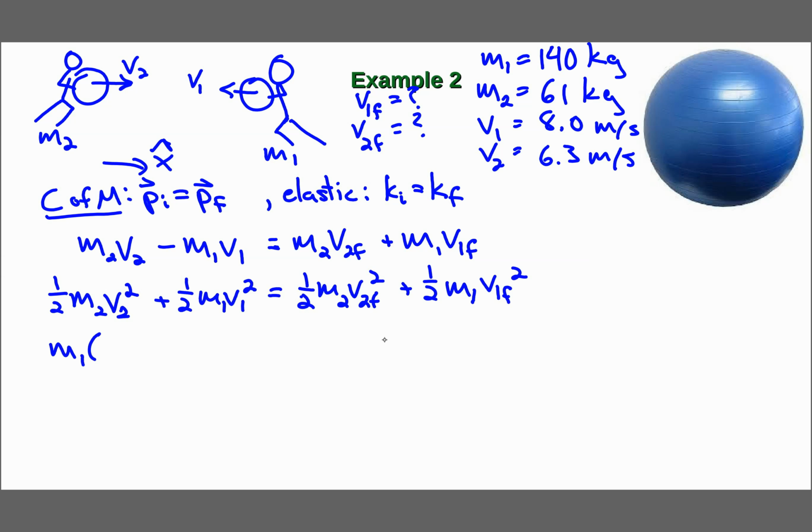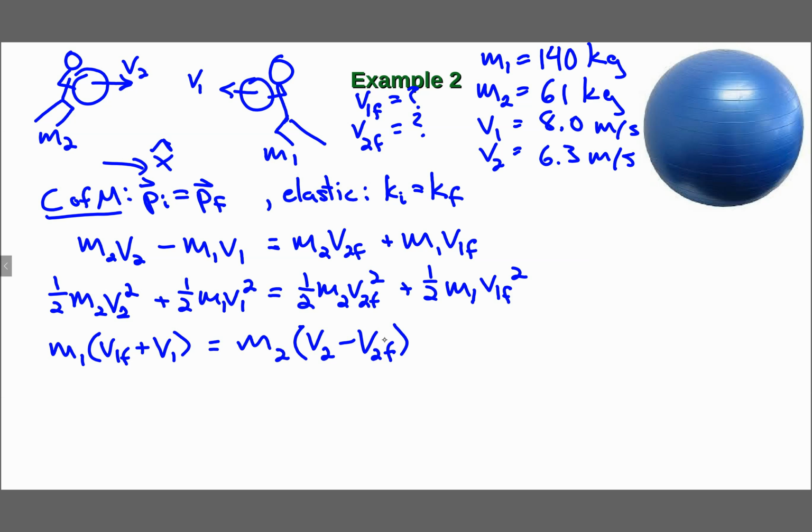So I'm going to do the same trick where I bring the m1s all to one side, and that gives me, from the momentum equation, m1 times v1f plus v1 equals m2 times v2 minus v2f. Okay? And then I'm going to do the same thing with the kinetic energy equation.